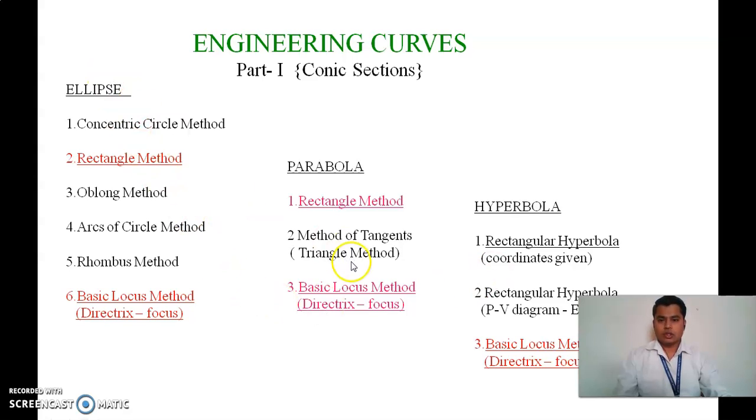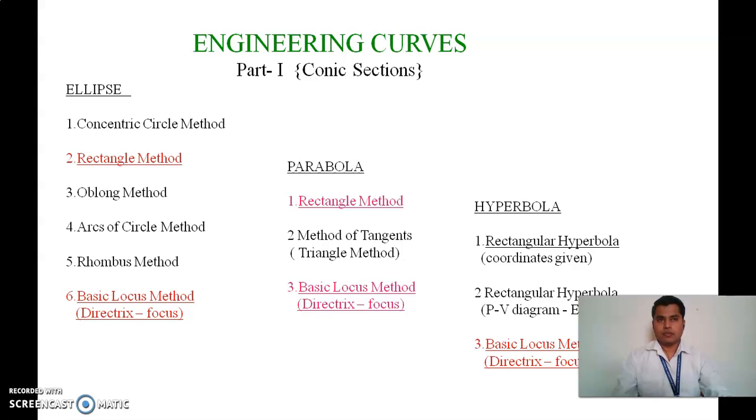So what are this ellipse, parabola and hyperbola? These are the basic curves. We know that if we are assembling a number of points with each other, we are getting a straight line. If these points are placed in a space, not in a straight manner, and we try to join those points anyhow, then we are getting a curve.